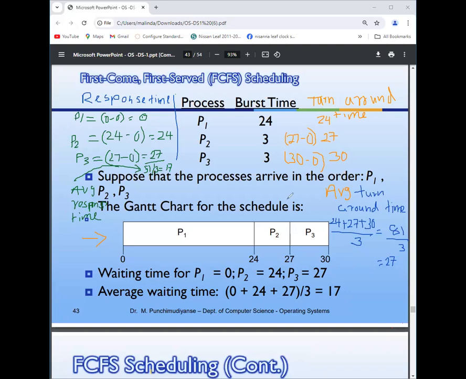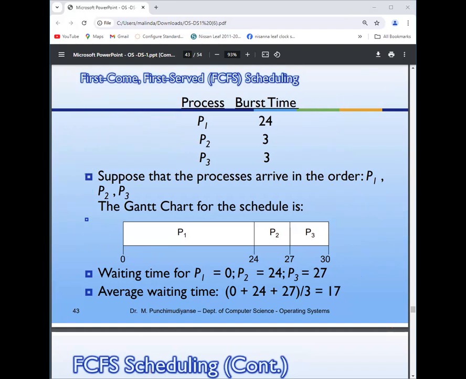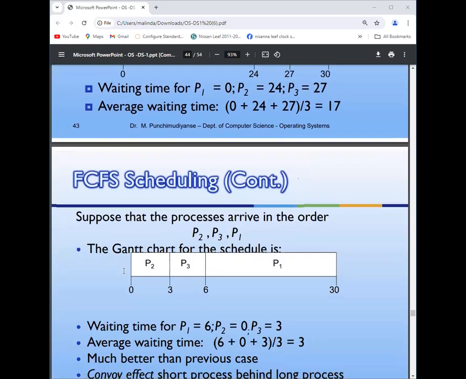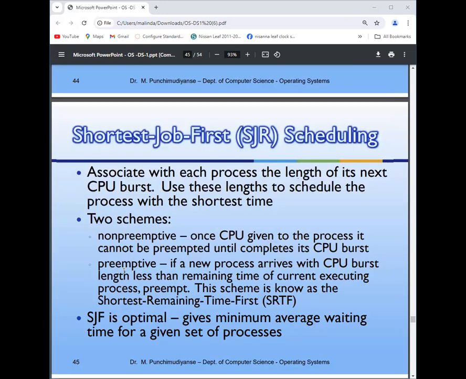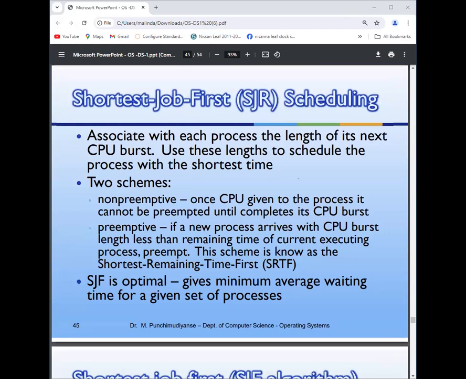I will clear the annotations. Then the next algorithm is called shortest job first scheduling.